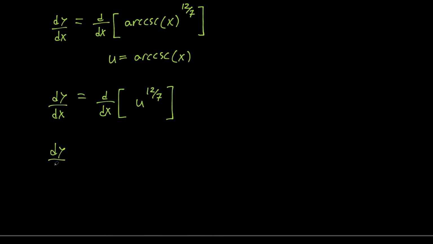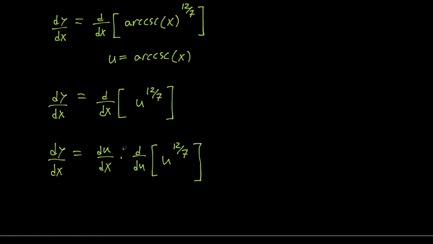So dy/dx equals du/dx times d/du of u to the 12 sevenths.